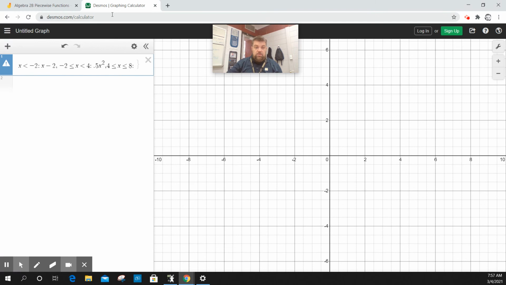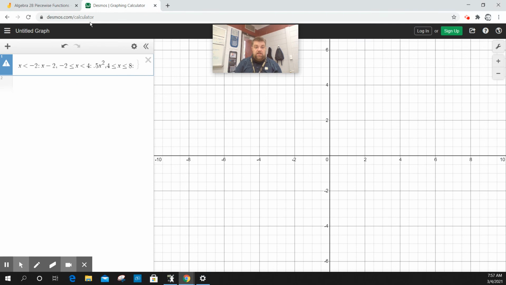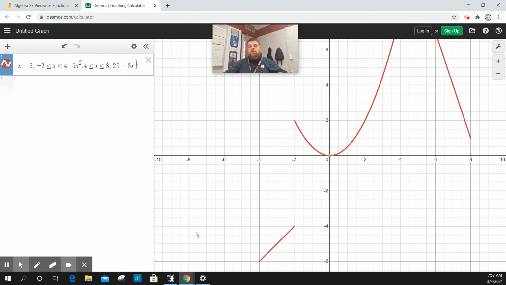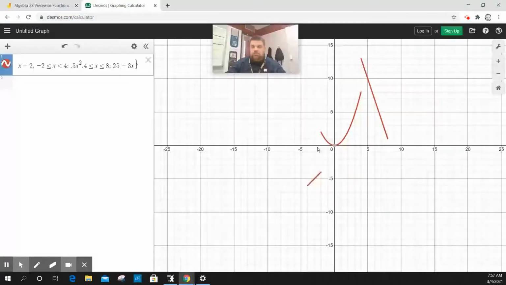And then my function for that one was 25 minus 3x. So I've got to zoom out a little bit, but this is my graph.